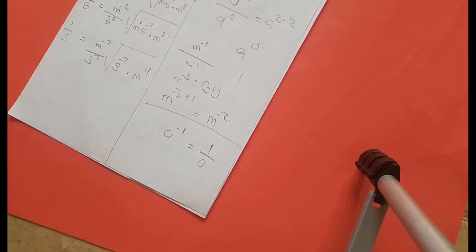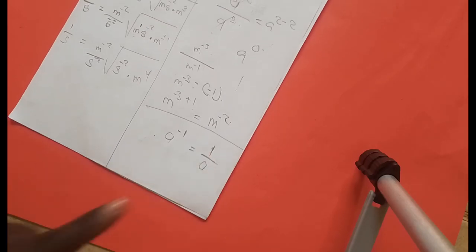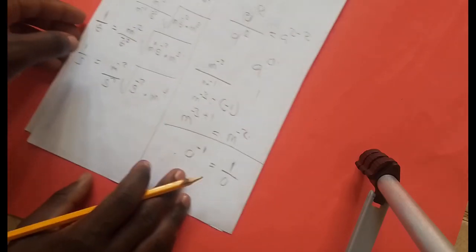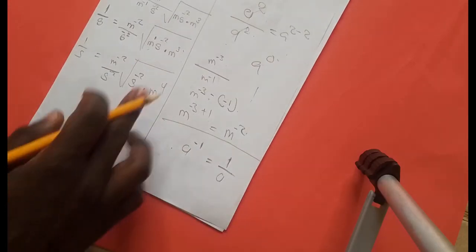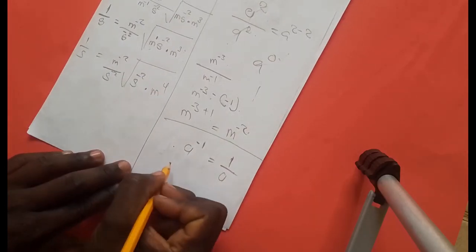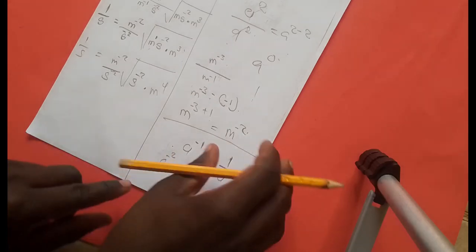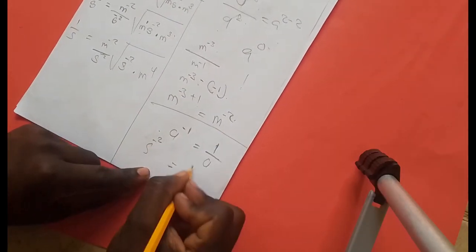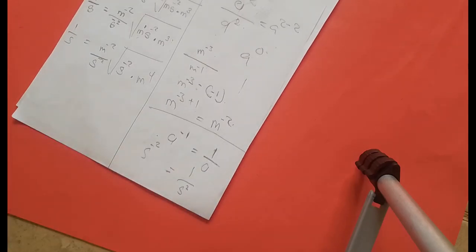So keep this in mind, right? In our bracket now, under the root sign, we have s to the power negative 2. So this is also equal to 1 over s to the power 2. You see it now. So I want you to ingest that.